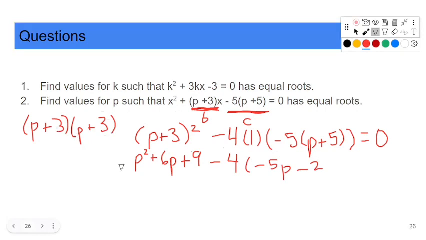I just shortened it, sorry. I just did all of that in one step. I hope that's clear. So that's how I got the 6. Everything else is good though. So this is minus 20.